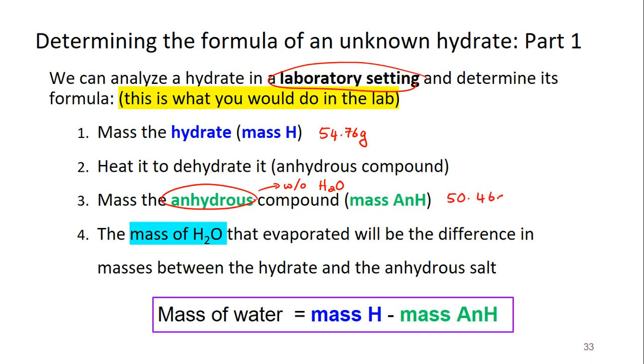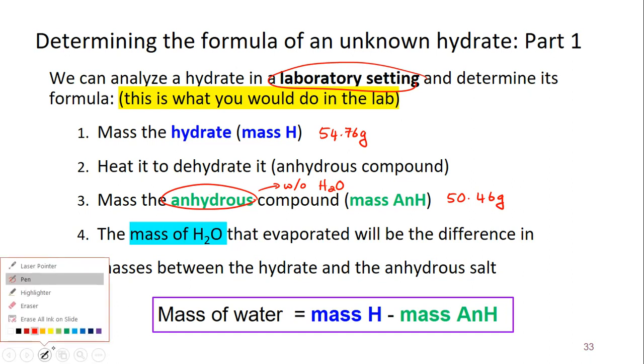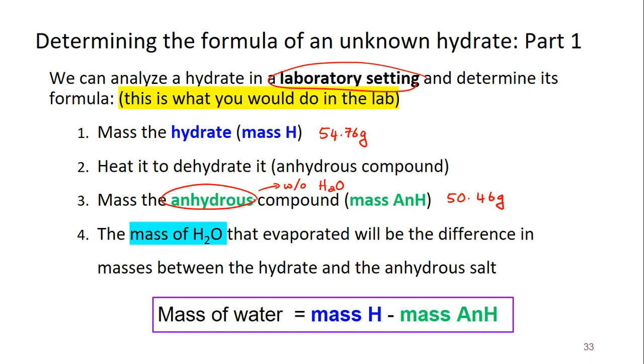and that was 50.46 grams. Okay, so you can easily find the mass of water by looking at the difference between the hydrate and the anhydrous compound. So I like to kind of just simplify this and call this the wet and this the dry. So you just have to take the difference between the wet and the dry, because when it was wet, it was the hydrate.